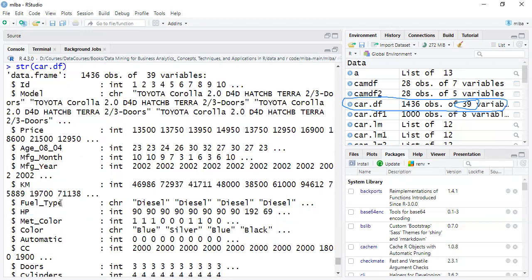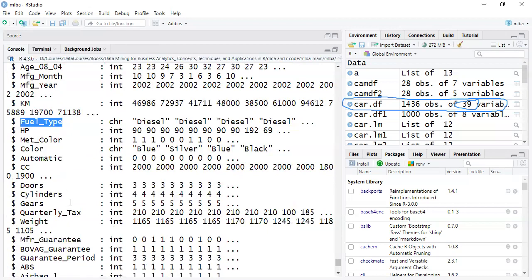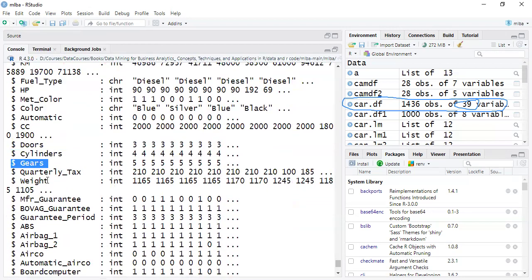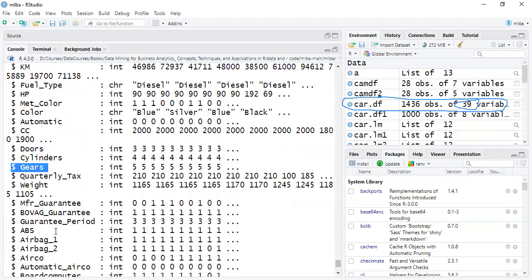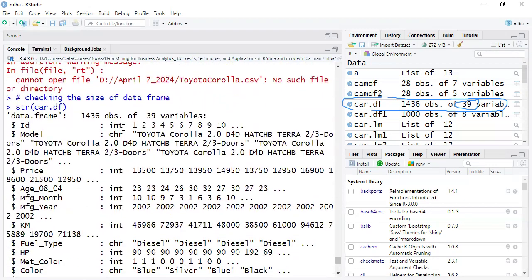Some of the variables are those which I mentioned on my slide, but some are not mentioned. So these are the new variables here: cylinders, how many cylinders the car has, how many gears the car has. So 39 total variables these are. And every variable has a type. What is the type of this variable? The variable type is integer.